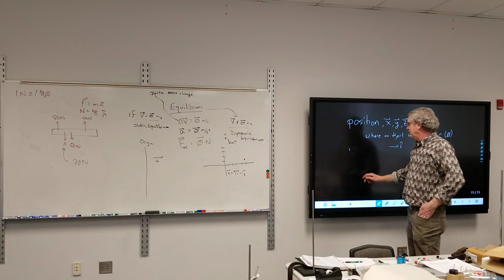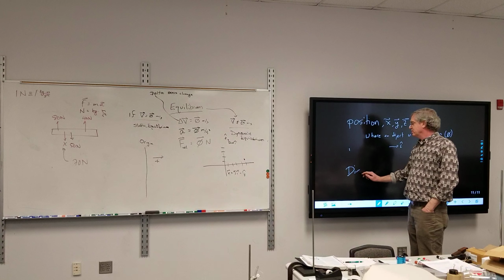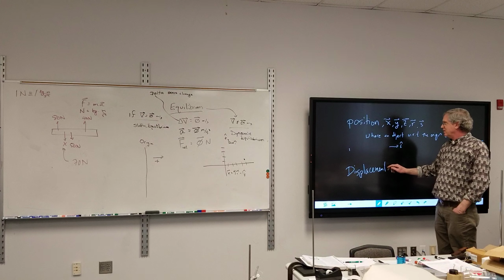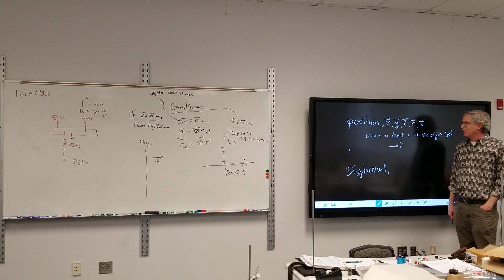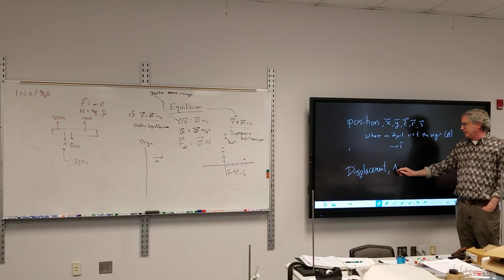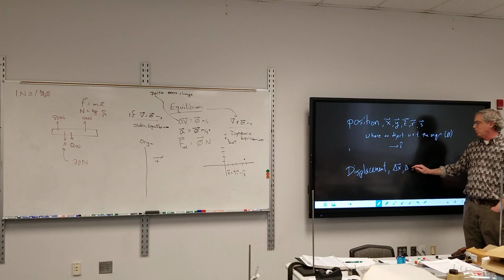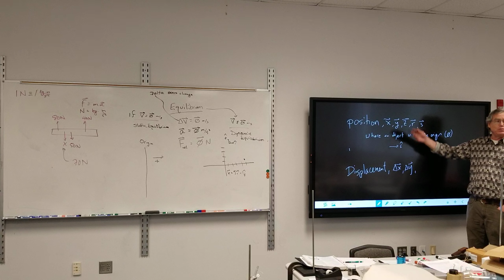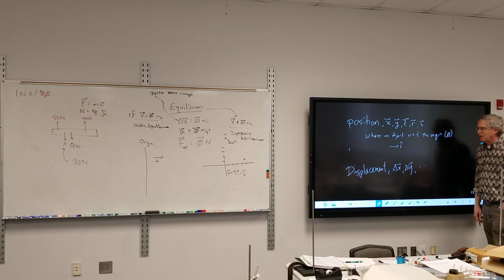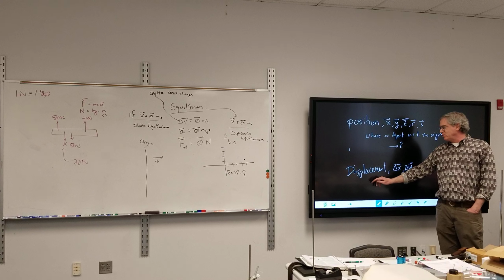Next keyword, displacement. The symbol for displacement is basically the change in position. So it is delta x, or delta y, or delta whatever I'm using for my position. And I can define it two ways.